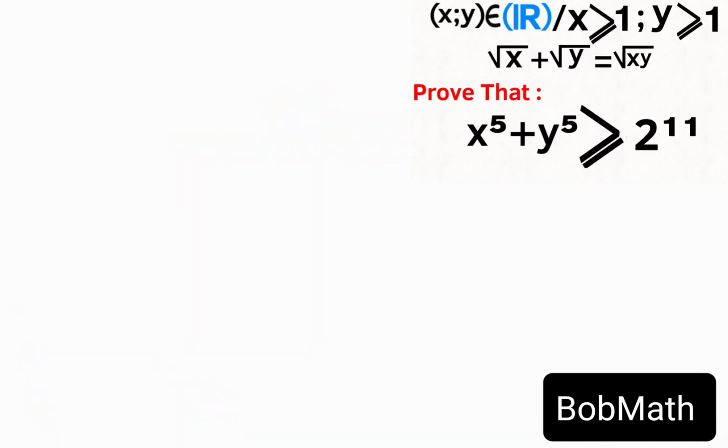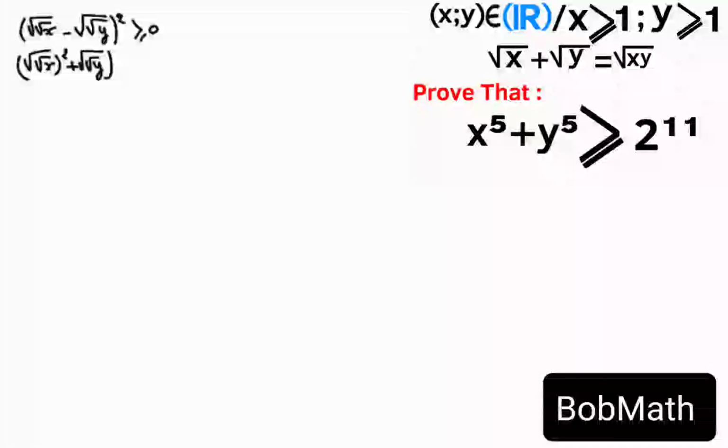We know that square root of x minus square root of y, all squared, is greater than or equal to 0. So square root of x all squared plus square root of y all squared minus 2 times square root of x times square root of y is greater than or equal to 0.